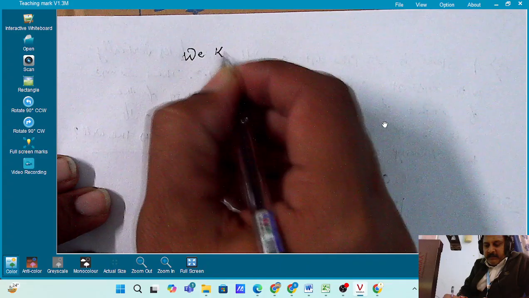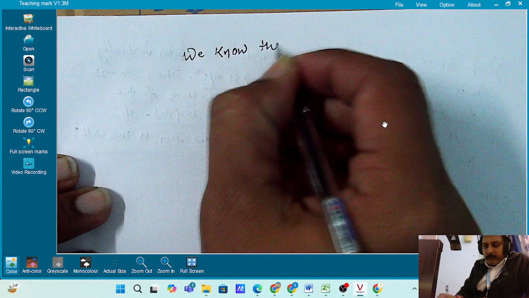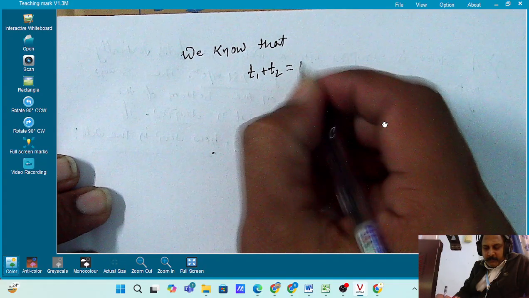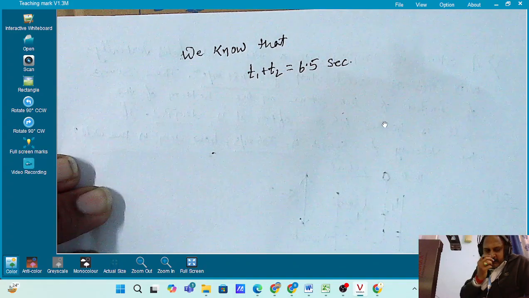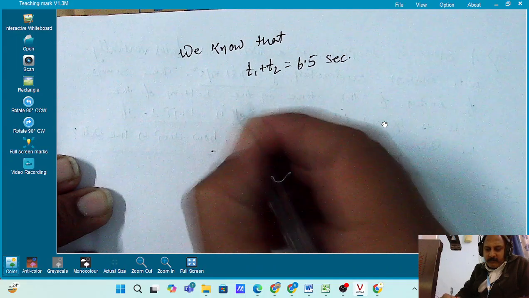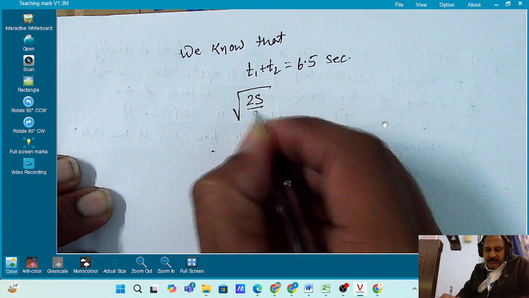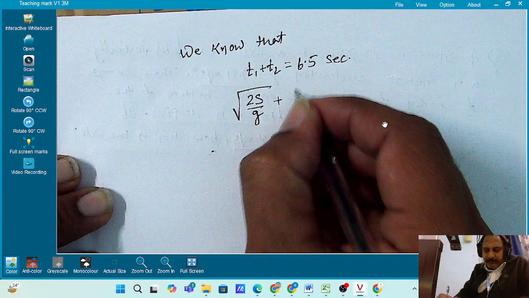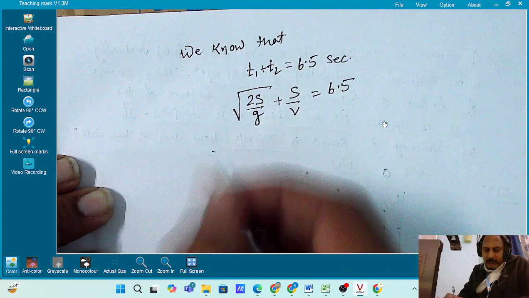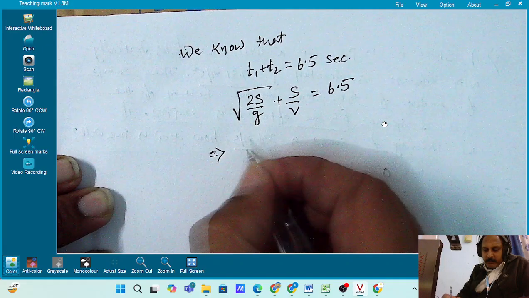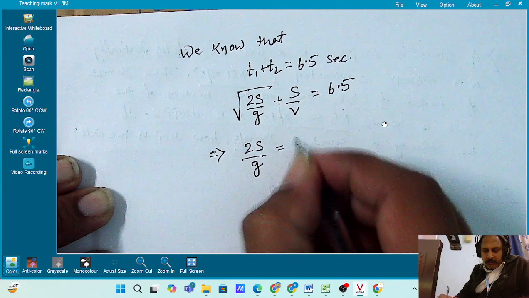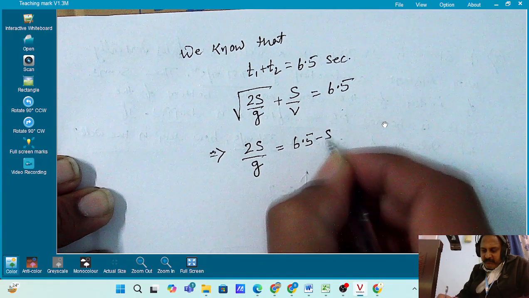We already know that t1 plus t2 is equal to 6.5 seconds. What was the value of t1 we got? The value of t1 was root over of 2S by g. The value of t2 is S by v. So we get root over 2S by g is equal to 6.5 minus S by v.